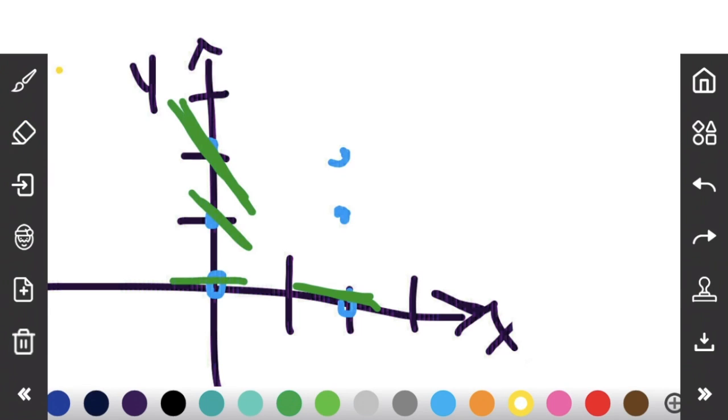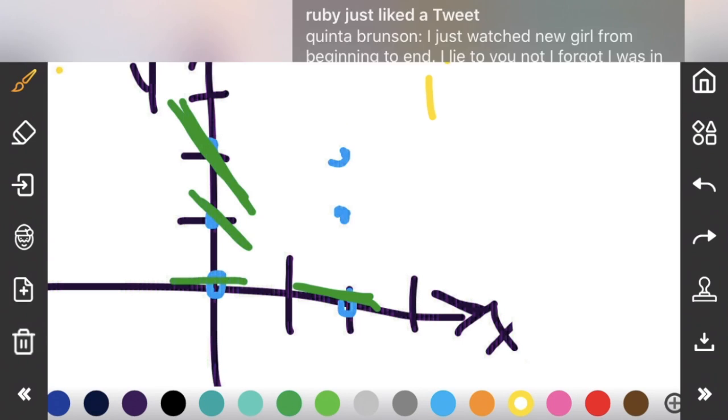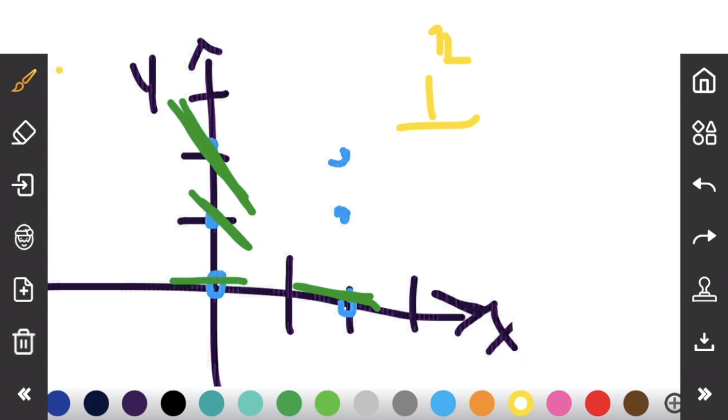And then we'll go 2, 1. It's going to be 1 squared over 2 minus 1, which is going to be 1 over 1. So the slope for this one is going to be 1.